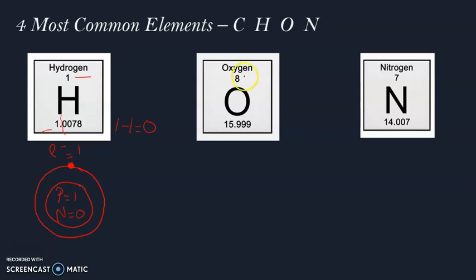All right, oxygen here. 8 protons. The mass is 15.99. Am I going to use 15? Nope, I'm going to round up to 16. So protons, I know I have 8. Protons plus neutrons is 16. So I take 16 and subtract my protons of 8, and I get 8 neutrons.